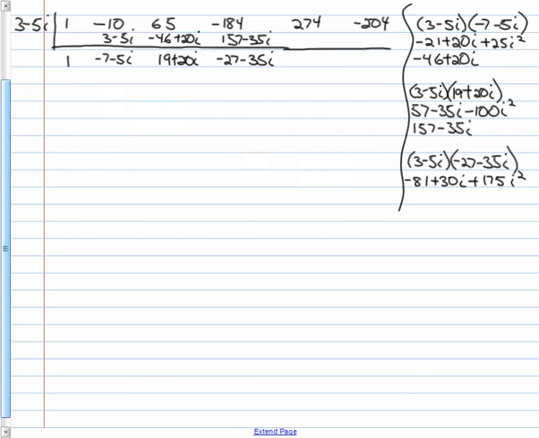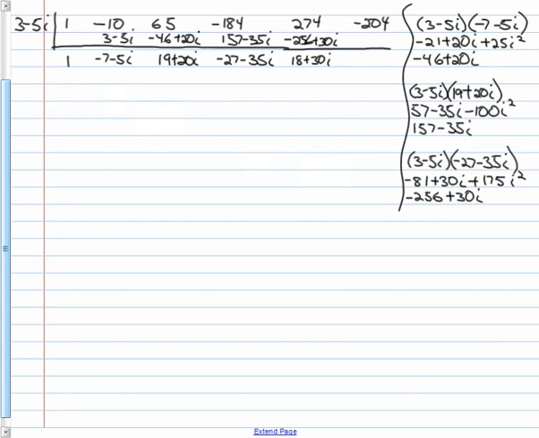We have a negative 81 at the start. Then at the end, we have a negative 175. Negative how much? Negative 256 plus 30i. 274 minus 256. 18 plus 30i.